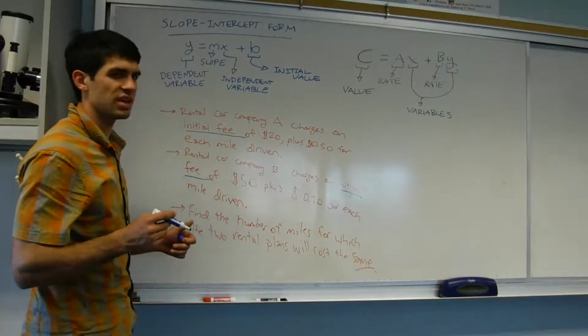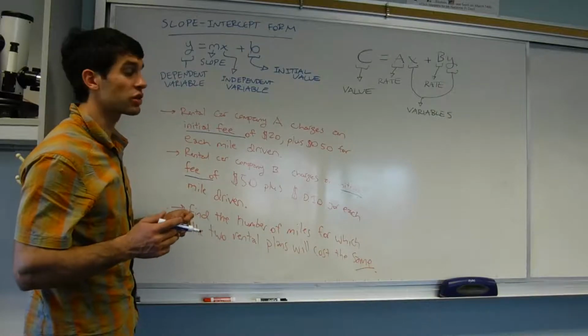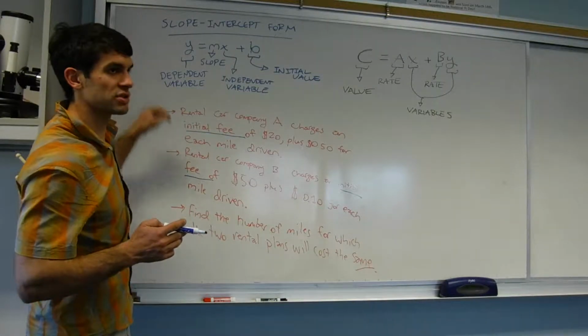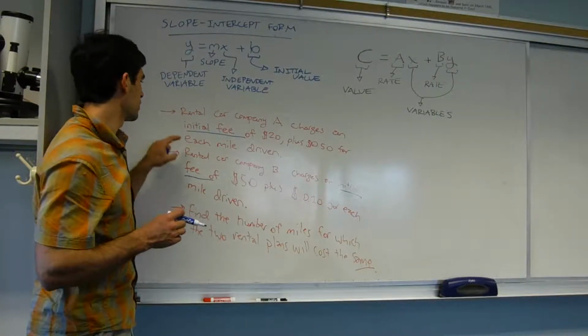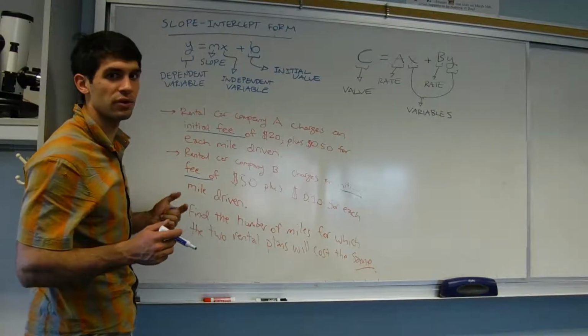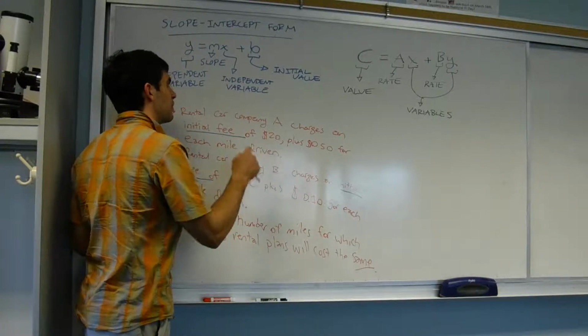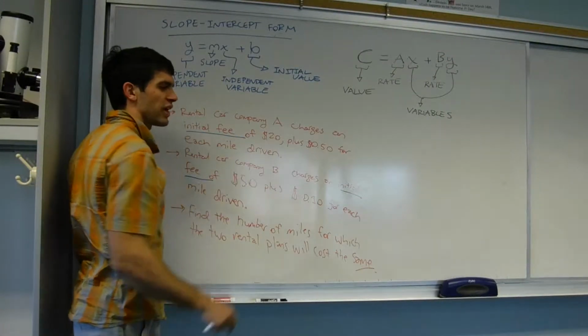Whenever you see the word initial or starting, that's a huge clue that you're going to want to use slope-intercept form, because when we see initial fee or starting value, that's a huge clue that whatever that number is going to be our initial value.